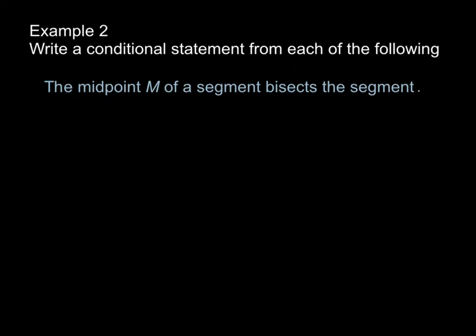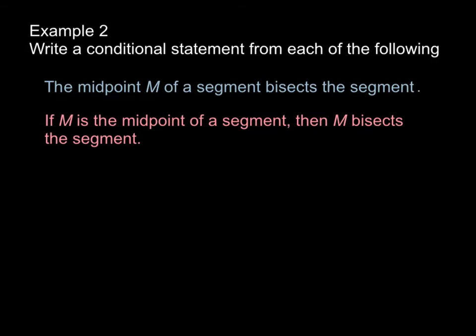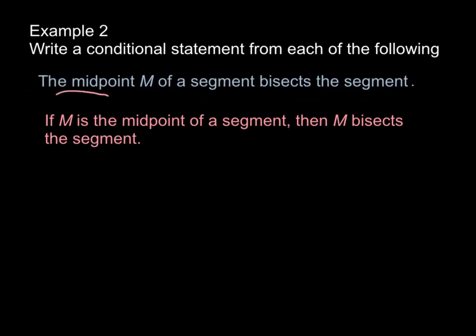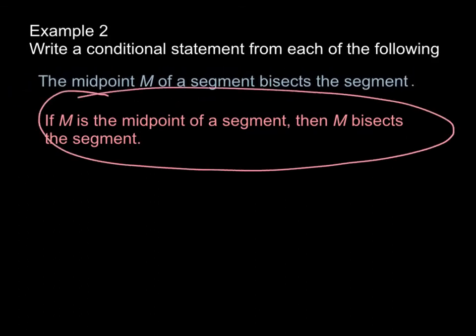So we have to take the if M midpoint thing. So here's how we'd write it. We're going to start there. If M is the midpoint of a segment, what do you think the then's going to be? If M is the midpoint of the segment, then M bisects the segment. So if M is the midpoint of a segment, then M bisects the segment.